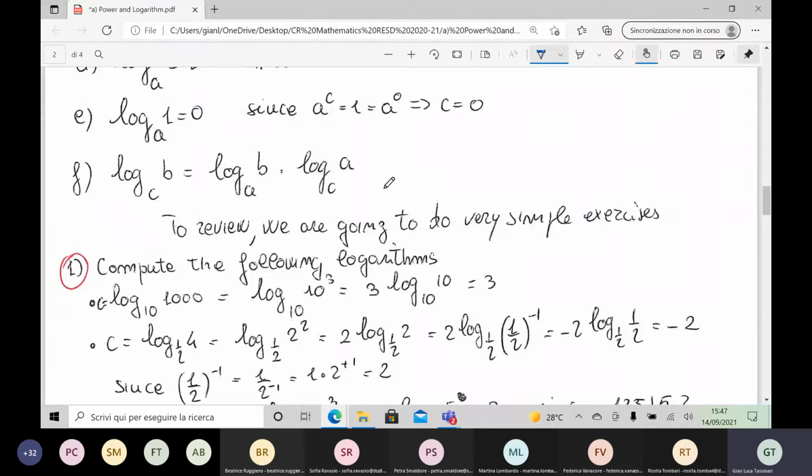This is less useful. So if you have the logarithm with basis C of B, this can be written as logarithm with basis A of B, so a logarithm with another basis different from C, call it A, of B, times the logarithm with basis C of who?